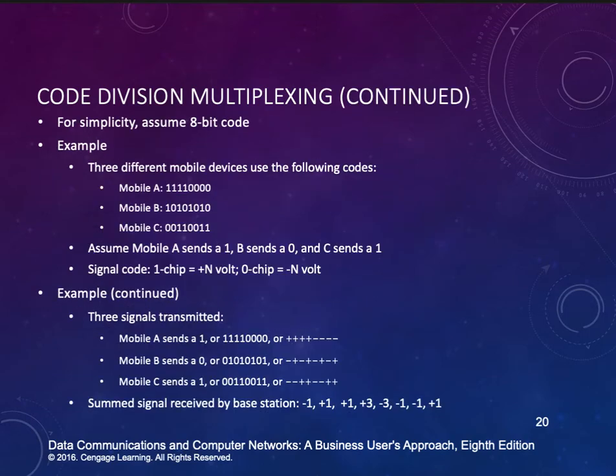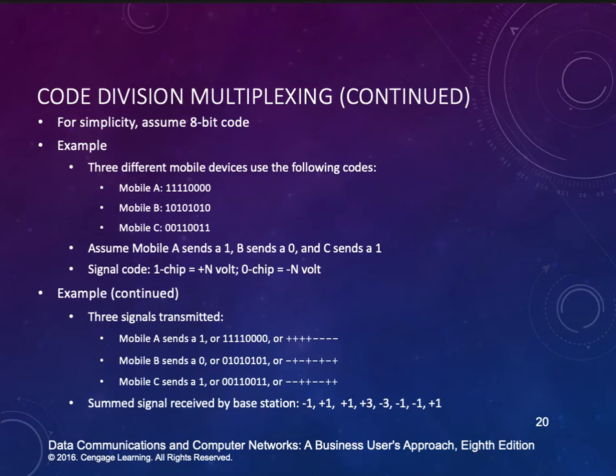Next we have an 8-bit code. Here in the example we see mobiles A to C. Assume mobile A sends 1, B sends 0, and C sends 1. For the signal, a code 1 chip equals plus n volt, and a 0 chip is minus n volt. So we have 3 signals. The interpretation is 1 is positive and 0 is negative.